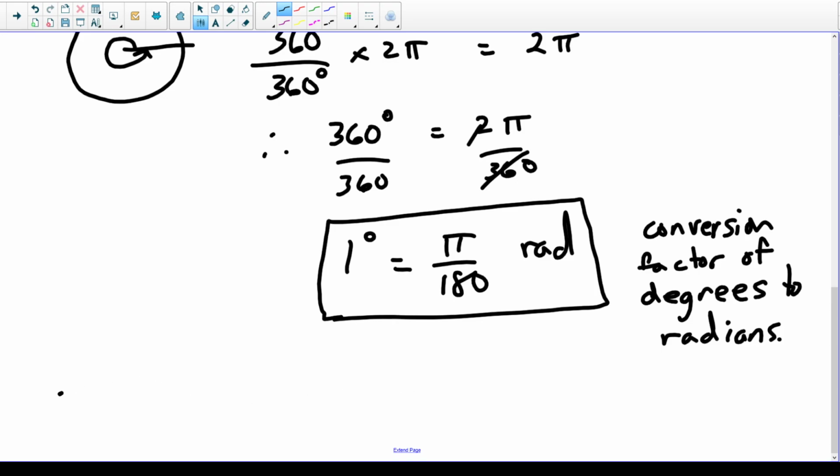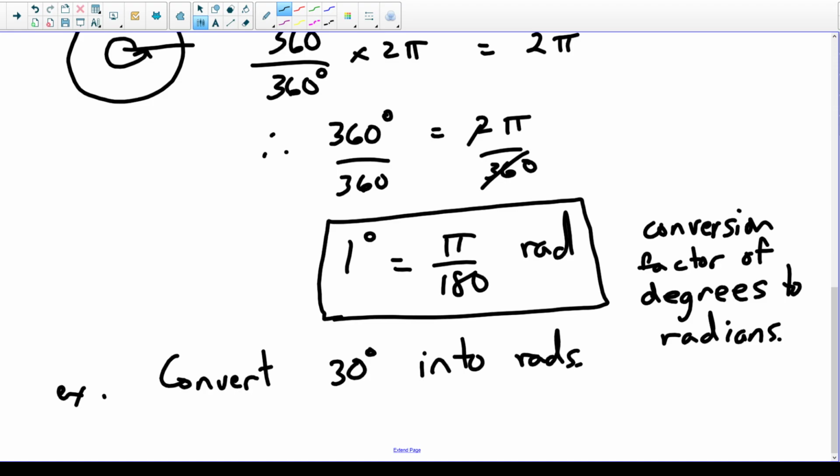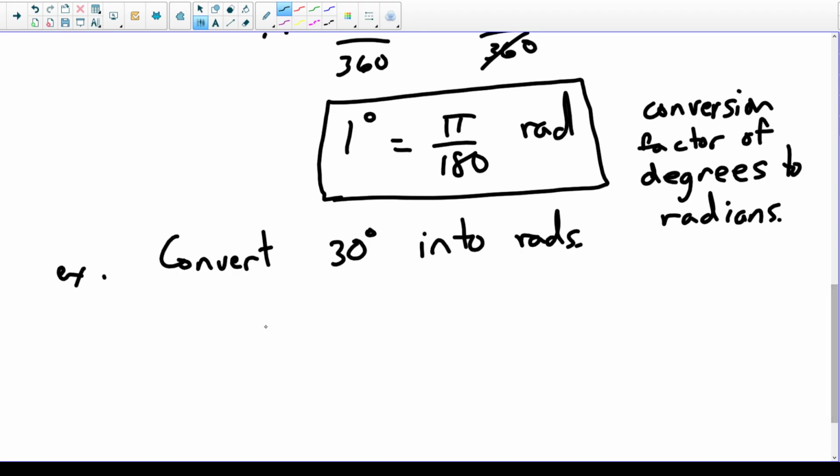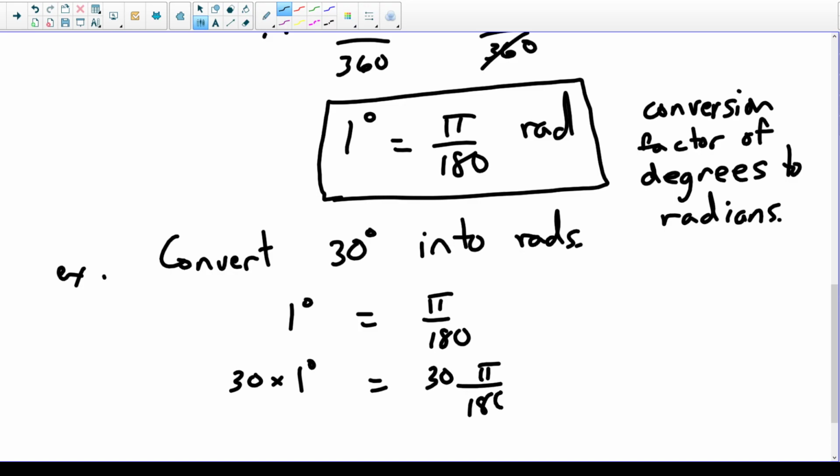But let me just show you an example. If I asked you to convert 30 degrees into rads, what you would do is use that conversion factor. All right, if 1 degree is equal to pi over 180 rads, I would just multiply both sides by 30. 30 times 1 degree is 30 degrees. 30 times pi over 180 can simplify.